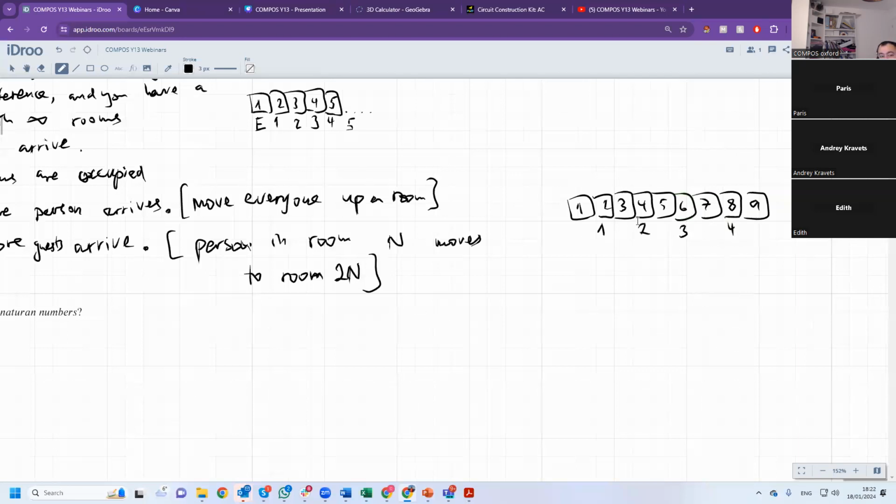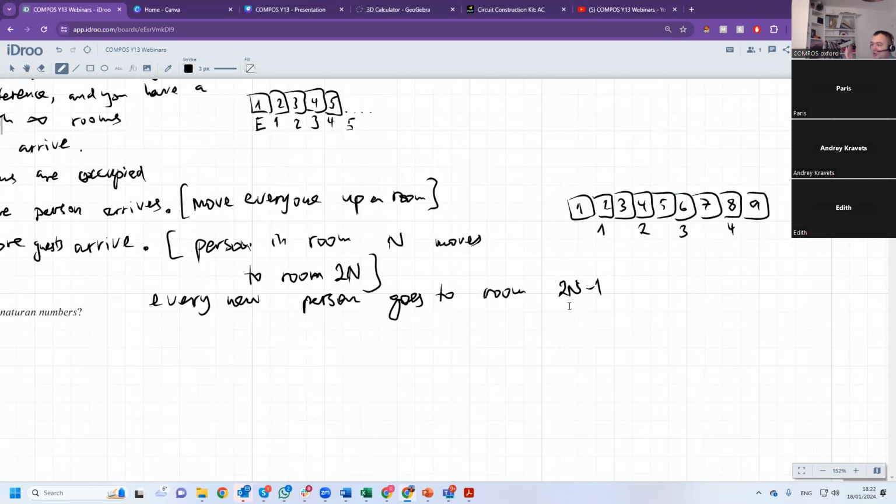And now all the odd rooms are free, and there's infinity of them, and you tell every new person to go to room 2n-1, assuming they're numbered.